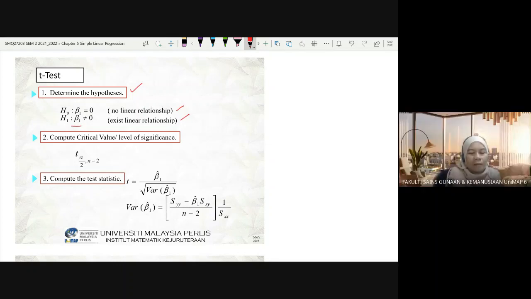Since we are trying to make a conclusion for our population, and we are using our sample data to conclude for our population, that's why we are testing for beta 1. That will be the coefficient of our real model, so that's why we are using beta 1.